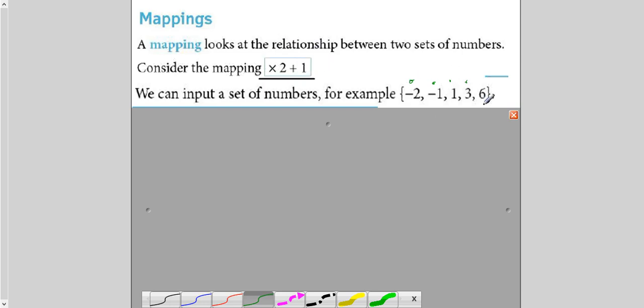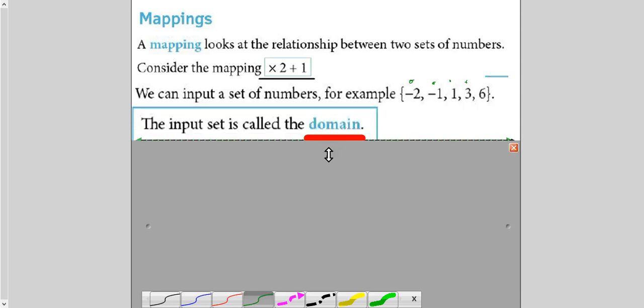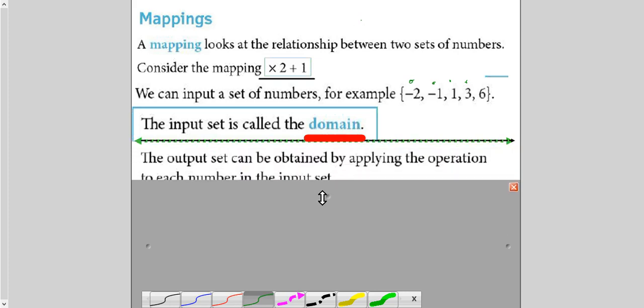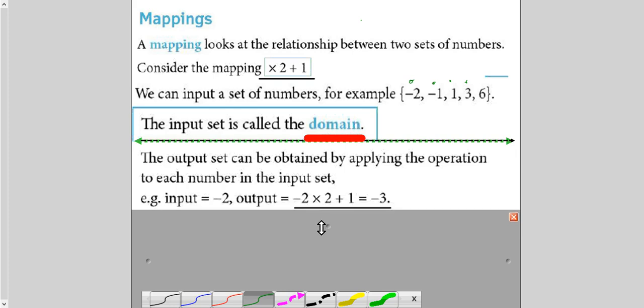These input values are called the domain, in the language of function. So input values are called domain. If I do -2 multiplied by 2 plus 1, now here is the example: -2, and this is the operation we were talking about, right?